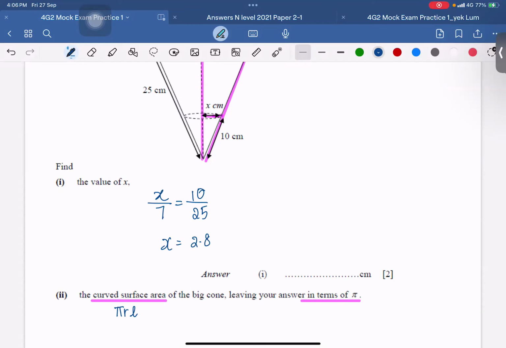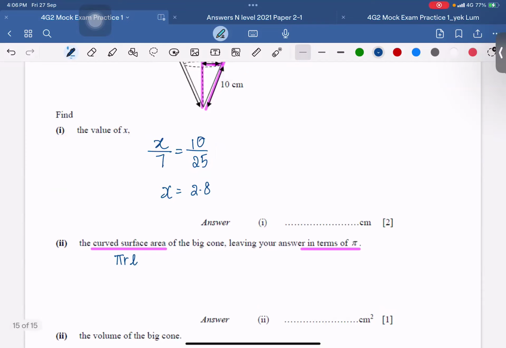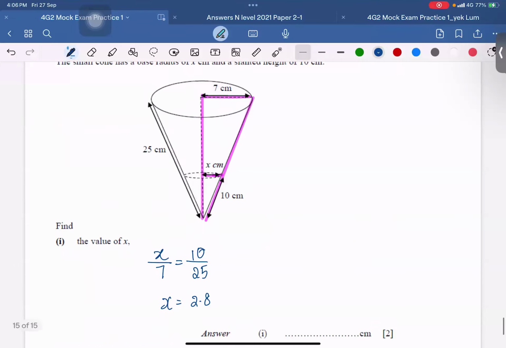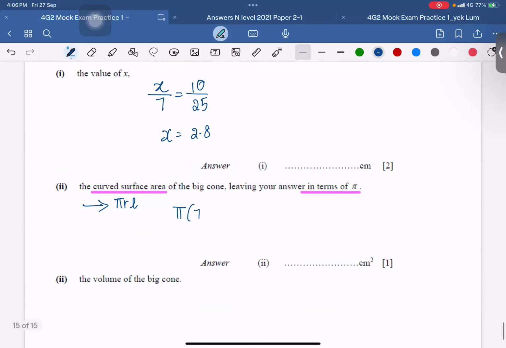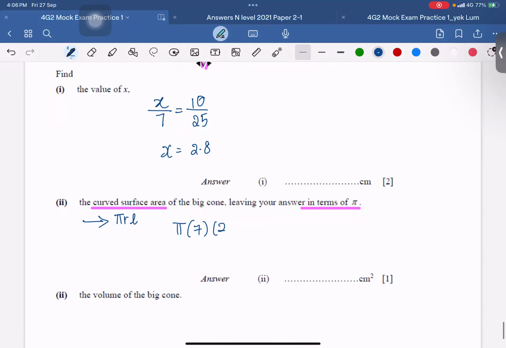Next, they say find the curved surface area of the big cone. Your formula sheet will give you pi r l, and they want to leave it in terms of pi. So the radius of the big cone is 7, pi times 7, and the slant height for the big cone is 25.